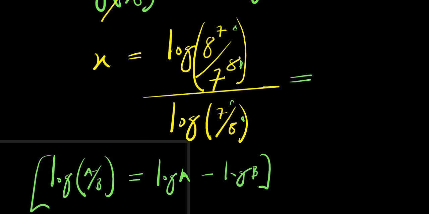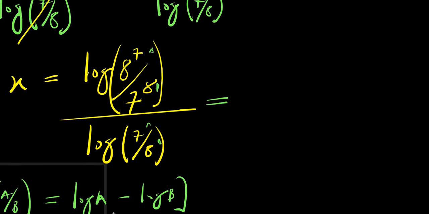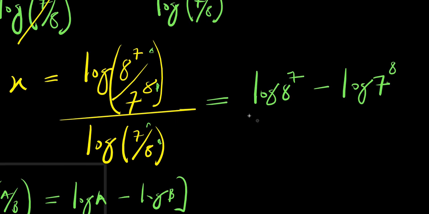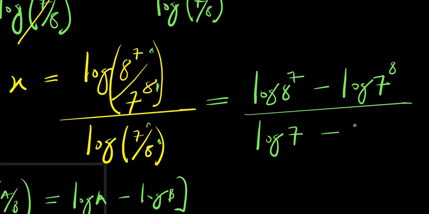So this will simply give us log 8 power 7 minus log 7 power 8, divided by log 7 minus log 8.